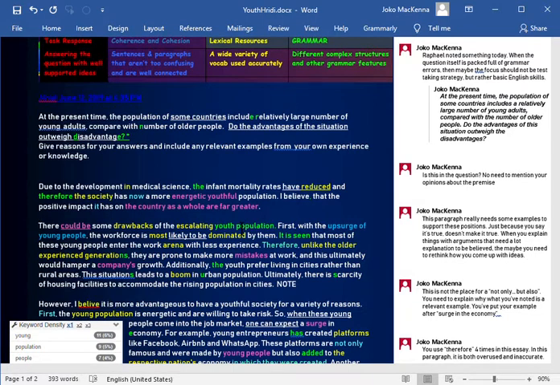I know what you're trying to say. Say it more clearly. Use simpler phrasings. Okay, how about this? First, if there are more young people, then they could dominate the workforce. Dominate. Be dominated by them. Passive.